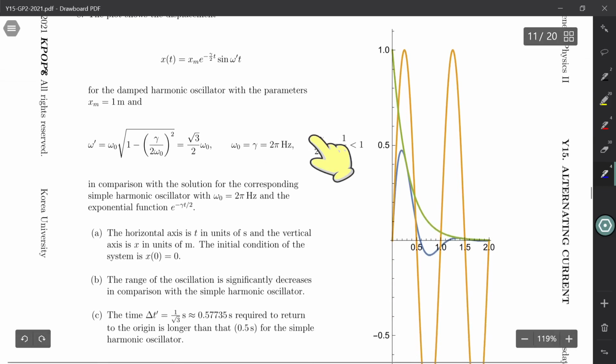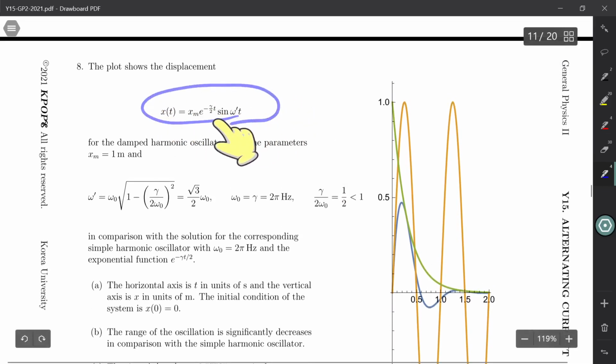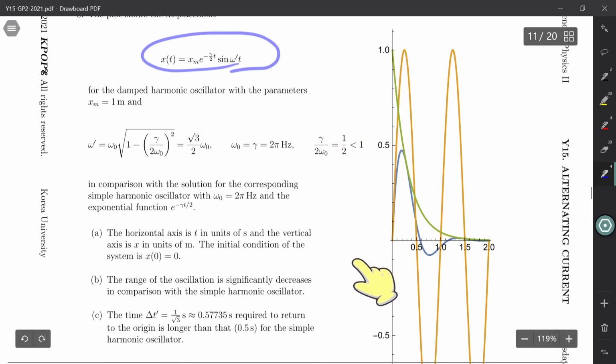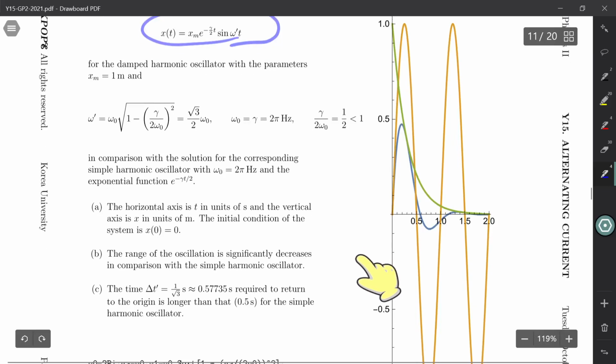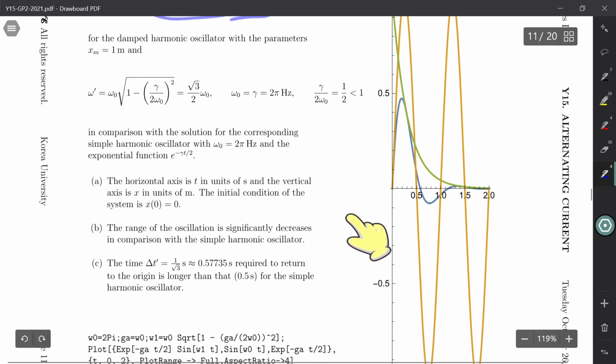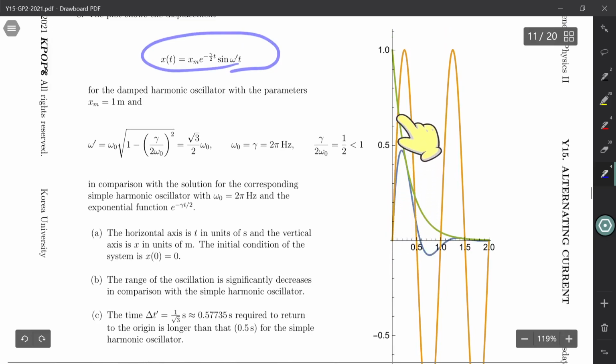Next, we consider the same problem, but we are interested in the period of the oscillating factor. This curve represents the oscillation of x0 of t, that corresponds to sine omega 0 t.